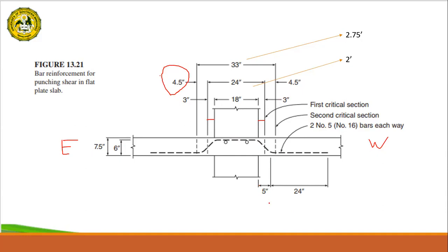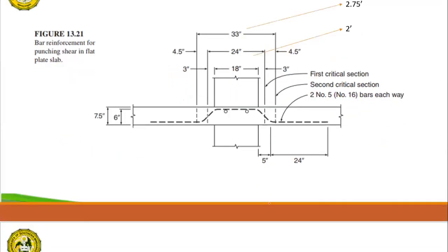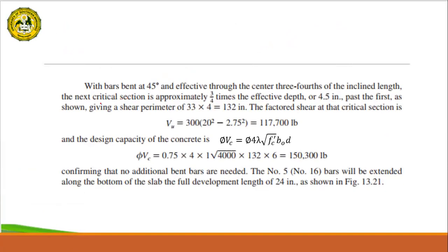Now, with bars bent at 45 degrees and effective through the center 3/4 of the inclined length, the next critical section is approximately 3/4 times the effective depth or 4.5 inches. So 3/4 of 6 is 4.5 inches. So that is our next critical section past the first.